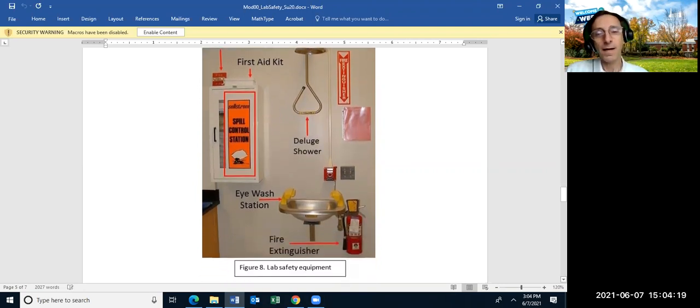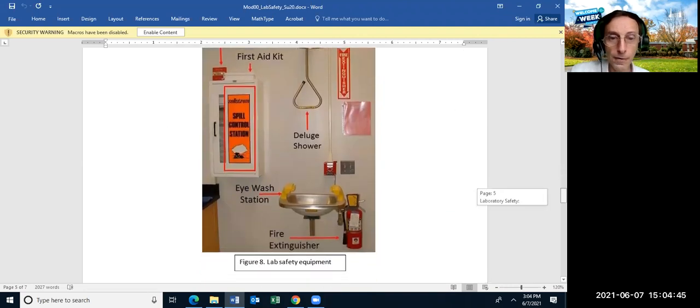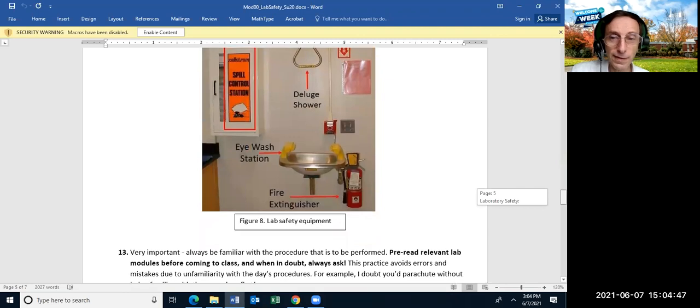I don't think I've even had a student splash something in their eye and then use the eye wash station, but that's there. A fire extinguisher. And we have a fire blanket, a container like that, where if somebody were to catch on fire, you could grab the blanket and throw it around them. All right, any questions about the laboratory safety equipment?